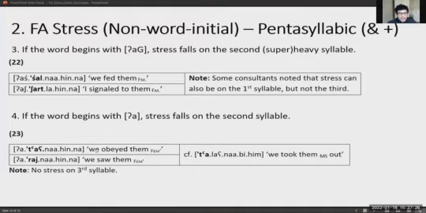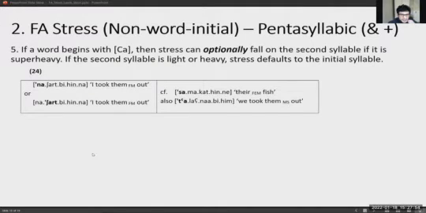And in both words, consultants say that the first syllable could also be stressed, which again could be a geminate effect. The fourth case is when the word begins with a CV syllable that has a glottal stop onset and a low vowel, in which case the second syllable is stressed, as in the word ata'nahinna and araynahinna. So stress would be on the second syllable.